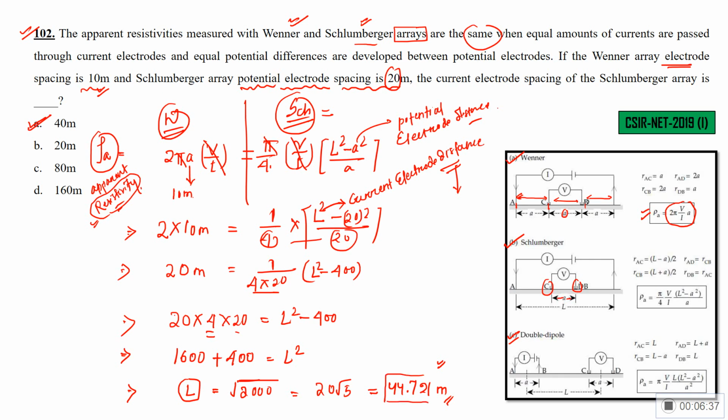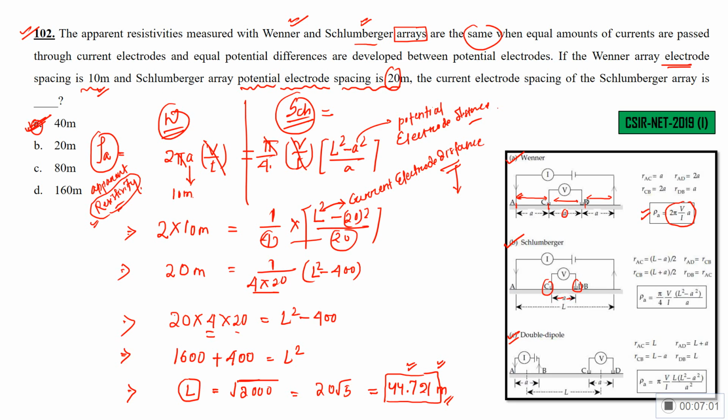The option is not exactly 44, so you have to mark whichever is closest; here option A is the answer. But this is the process to get the answer. If the question did not give options, it would ask for the answer up to 3 decimal places, like 44.721.